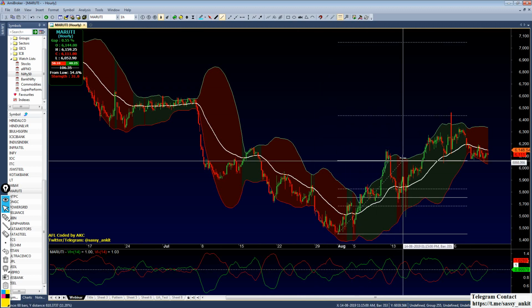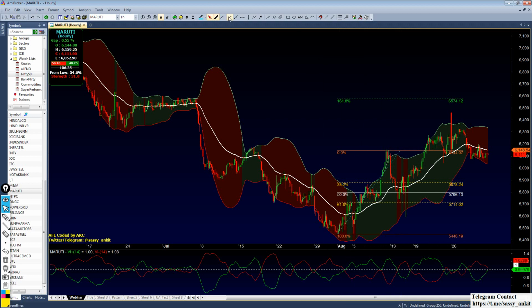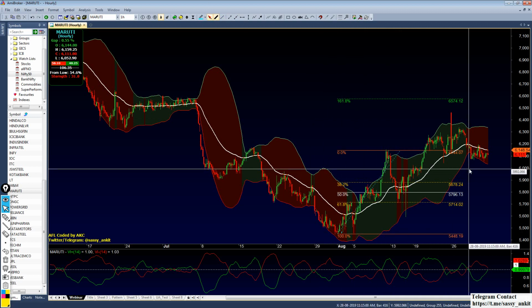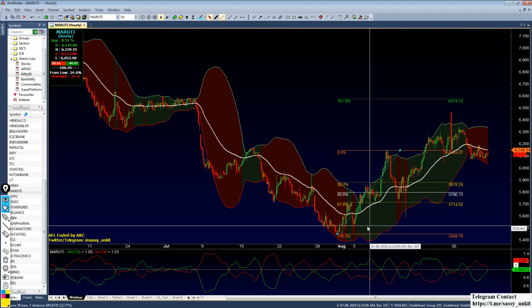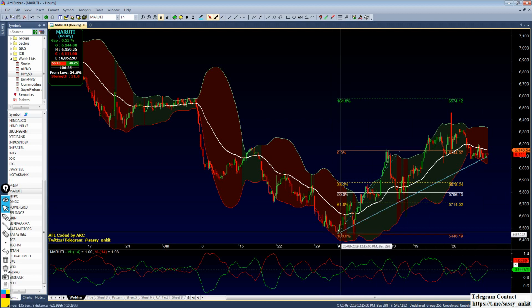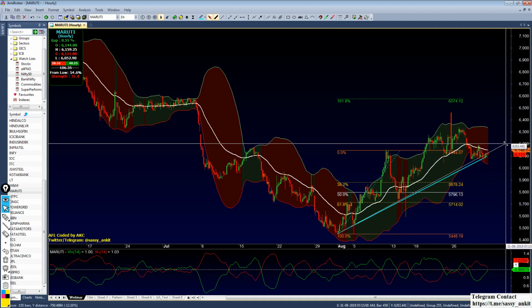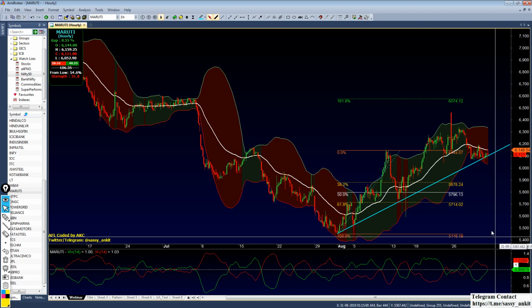This trend line we may think of. Yes, this is the trend line you can take, like this. Let me adjust the points like this.